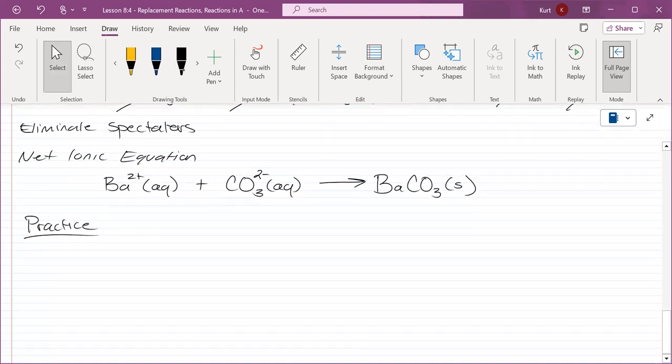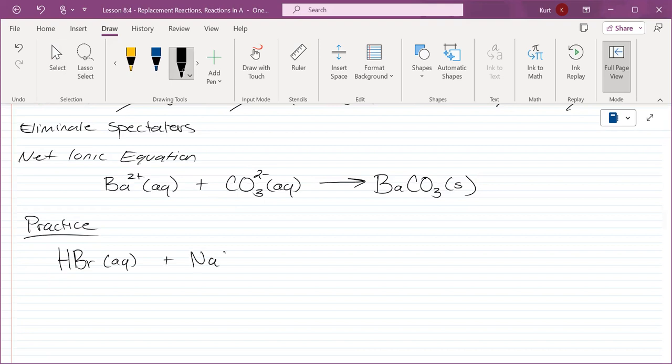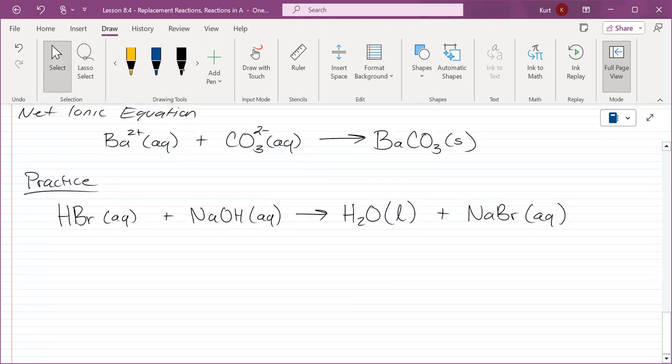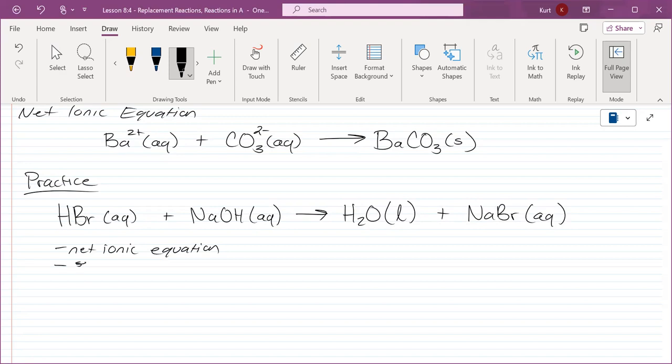Okay, here we go. Net ionic equation. Eliminate spectators.